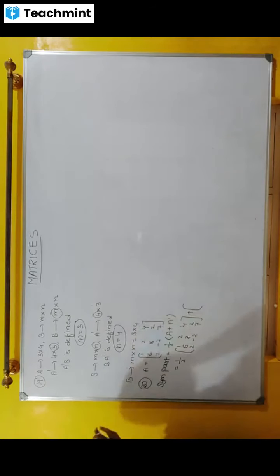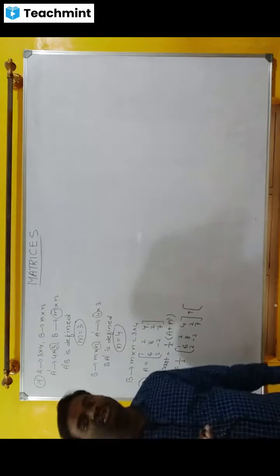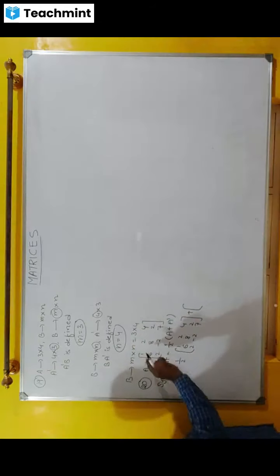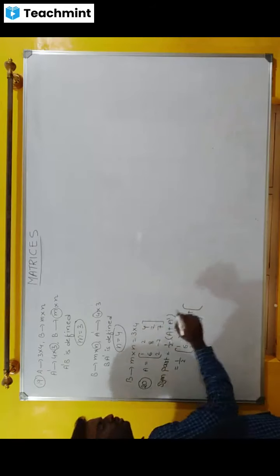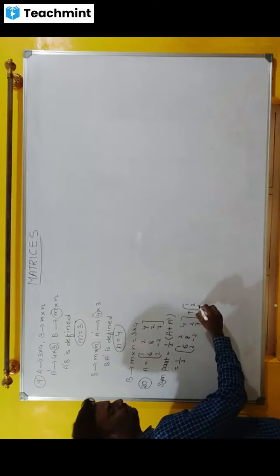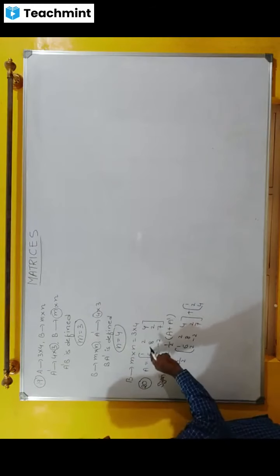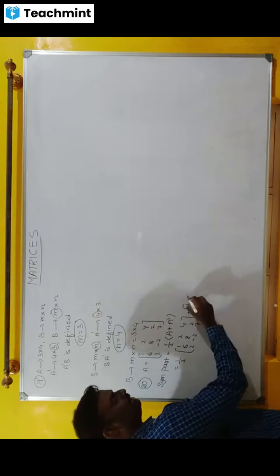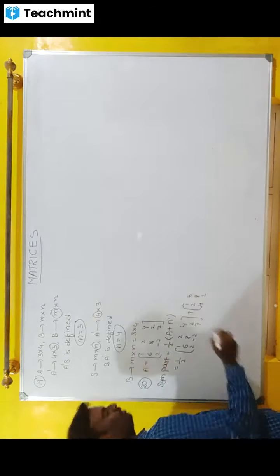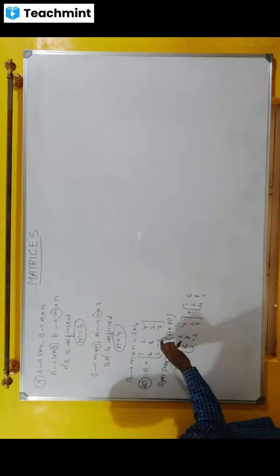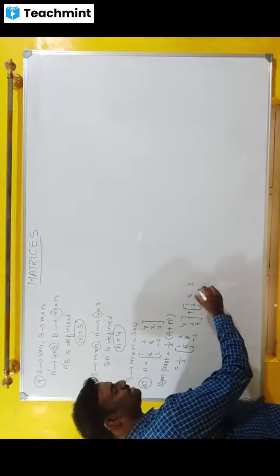How to find the transpose? Rows can be interchanged into columns. What is the first row? 1, 2, 4. This can be written as a column. Second row, 6, 8, 2, can be taken as a column. What is the third row? 2, minus 2, 7. It can be taken as a column.